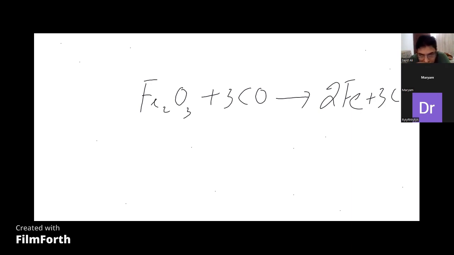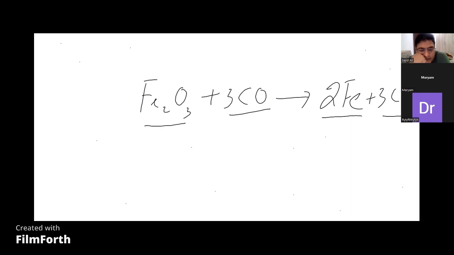Yes, sir. Okay, so look at this, beta. This compound has oxygen. Here iron has no oxygen. Here it was carbon monoxide having 1 oxygen, but here carbon dioxide has 2 oxygen.